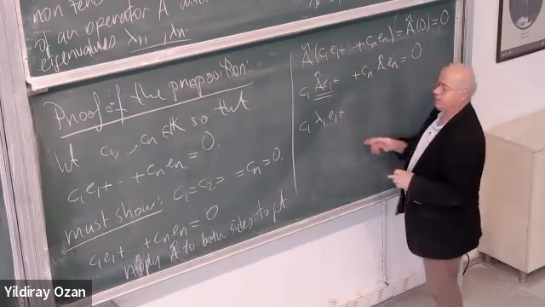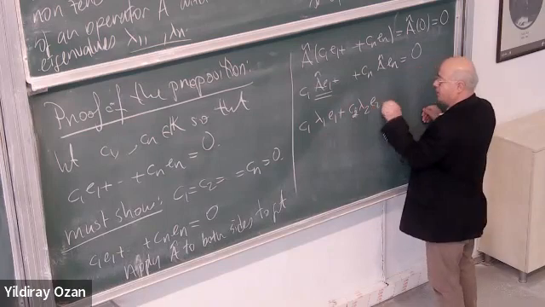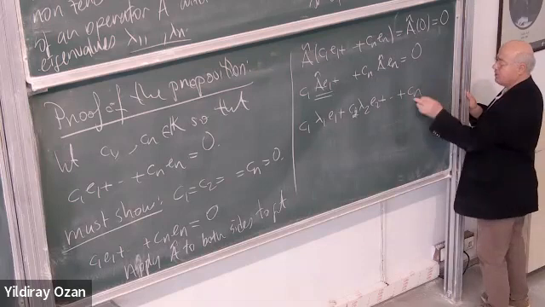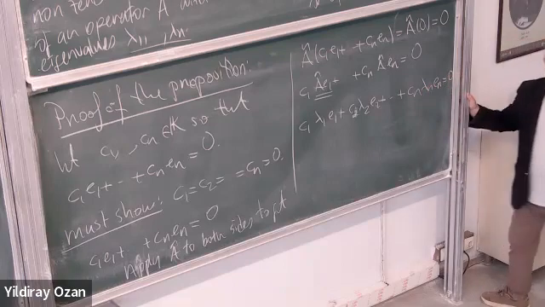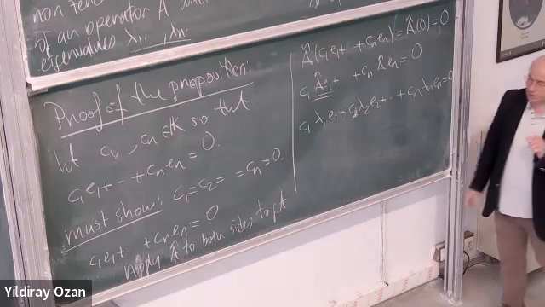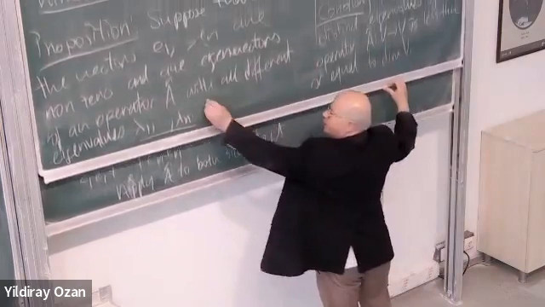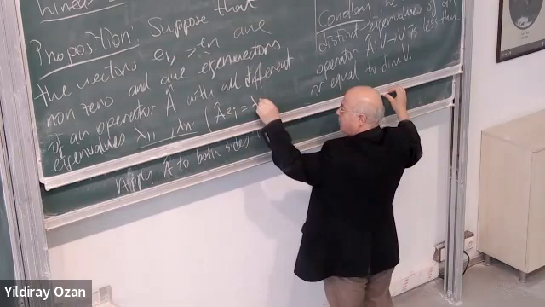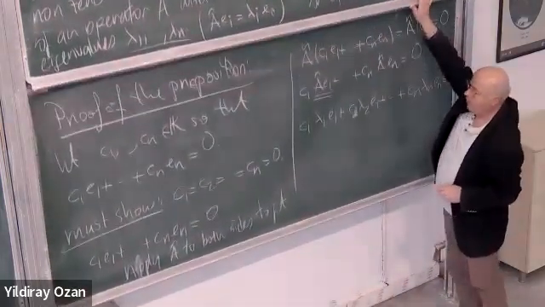The next one is c2 times lambda 2 times e2, up to the nth term, cn times lambda n times en. Okay, because en is an eigenvector with eigenvalue lambda n. So the meaning of this is just that A of ei is lambda i times ei for each i. All right, so we have this.